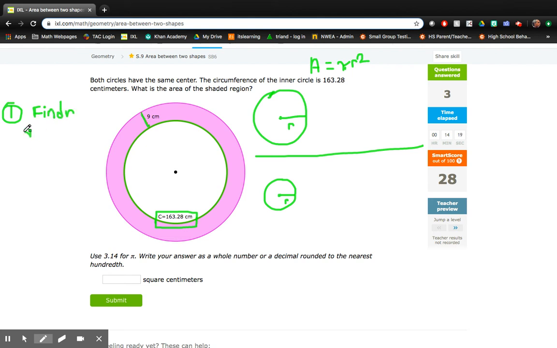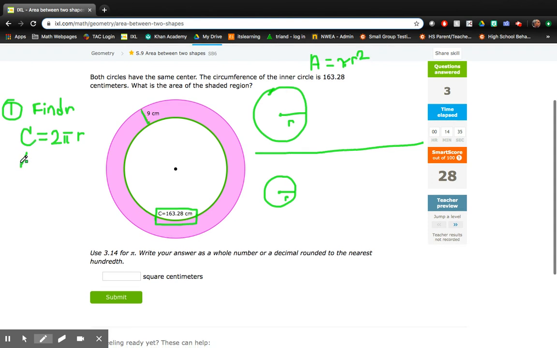Okay, and I'm going to do that using the circumference formula, which is 2 times pi times radius. They give me C equals 163.28, and so I'm literally just going to replace C with 163.28.